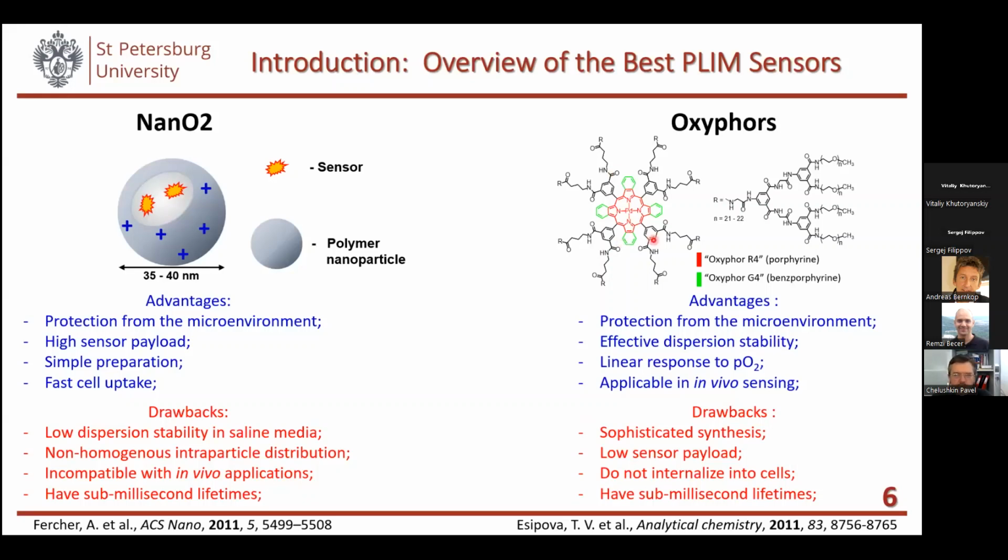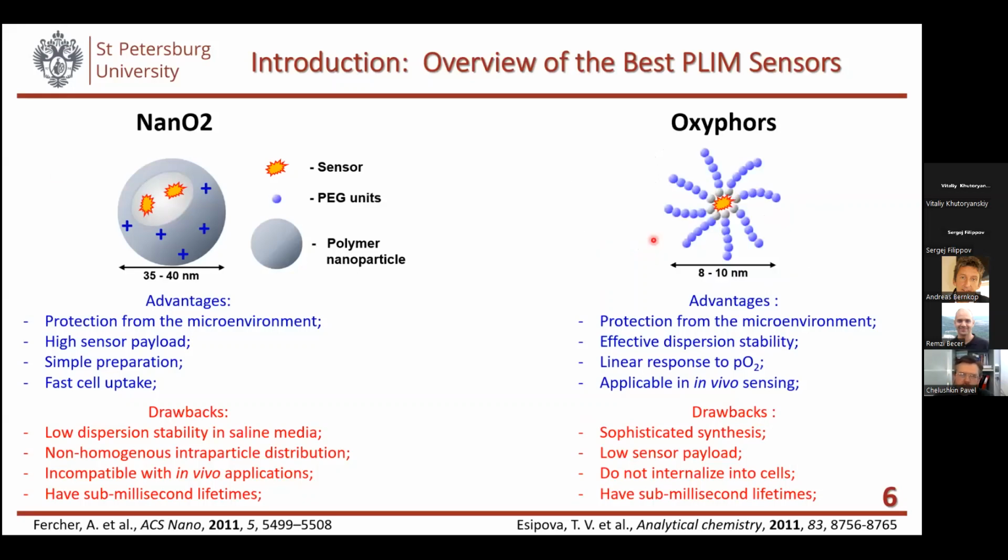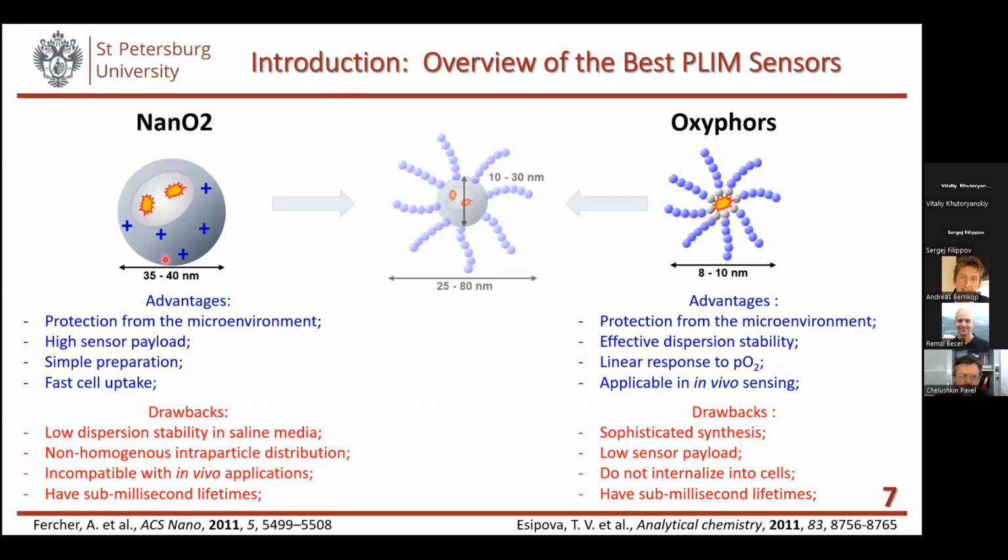Well, and if we look at the structures of these two sensors, we of course can easily come up with the idea that it's a good idea to combine both protective strategies. If we put our sensors into the cores of particles and cover them with shells, we'll obtain core-shell nanoparticles with sensors inside.